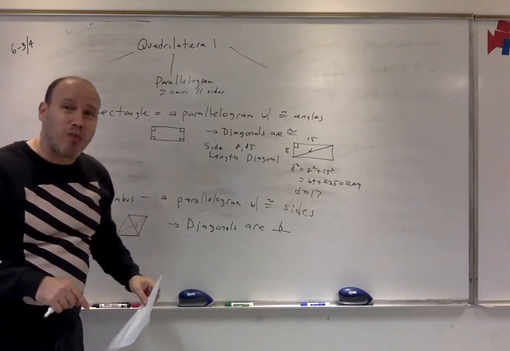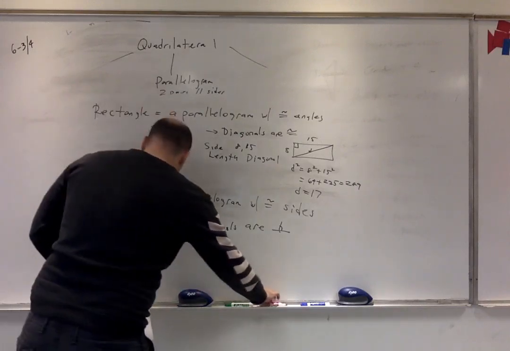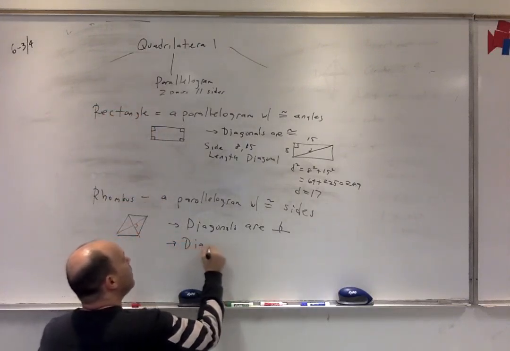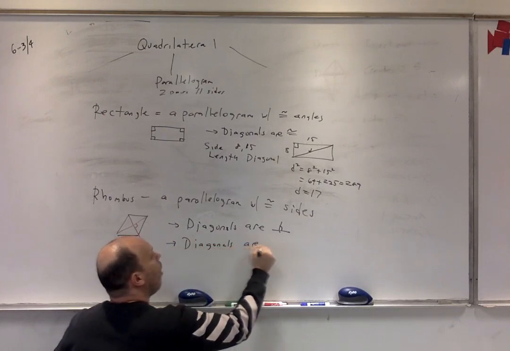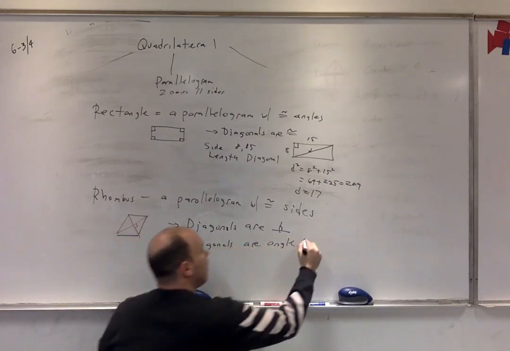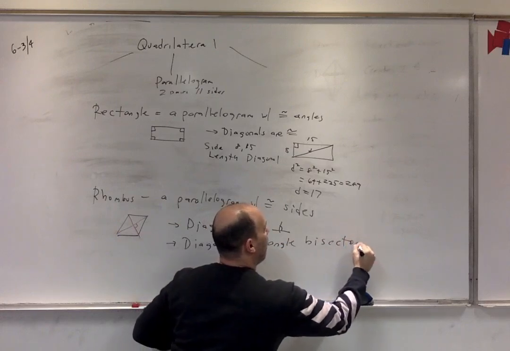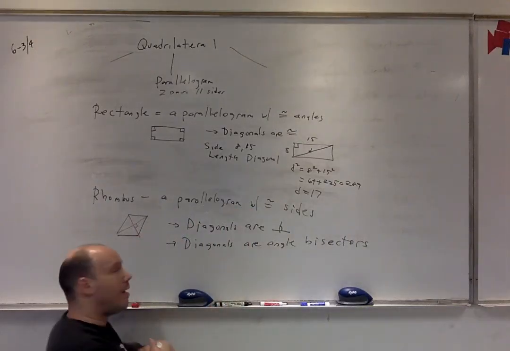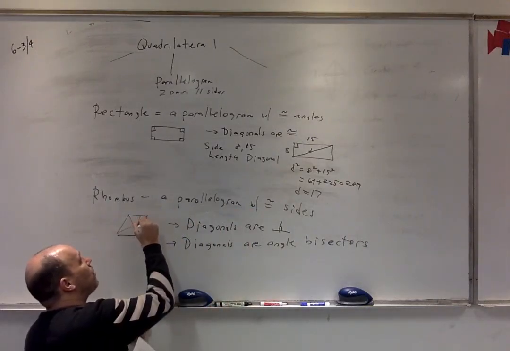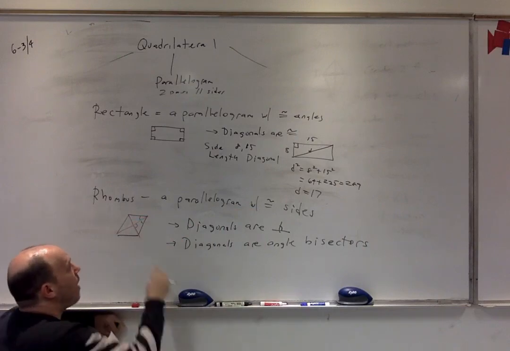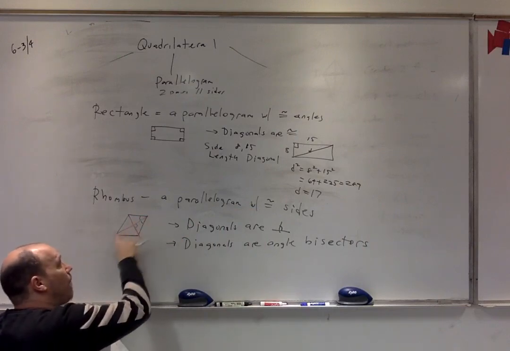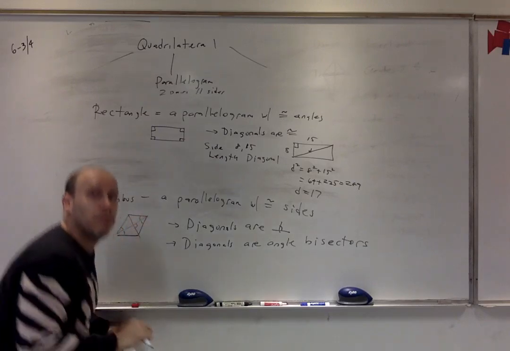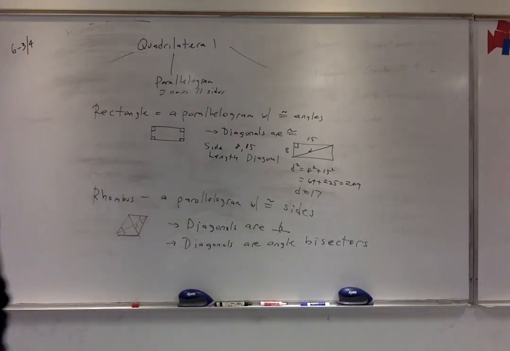But another great thing that's unique to the rhombus is that the diagonals are angle bisectors. That's kind of interesting. Once again, that means this angle is congruent to that angle. Now, because it's a parallelogram, the opposite angles are congruent, so this is congruent to that. All four of these angles are congruent. That's kind of cool.